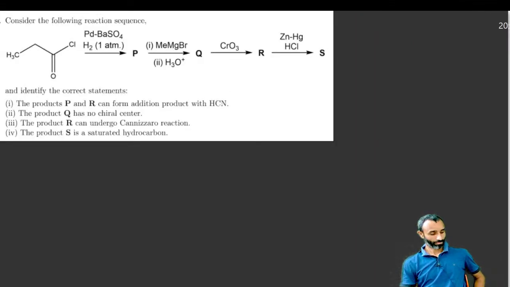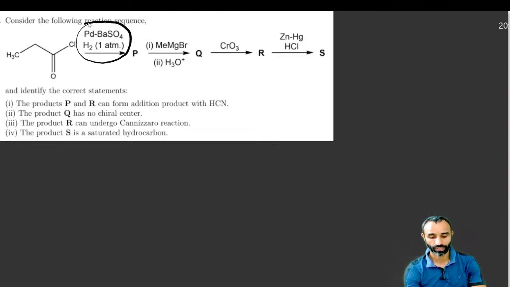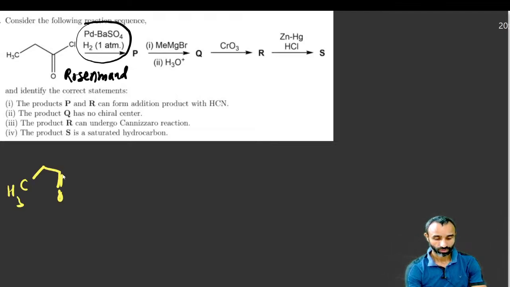Okay, I think most of the reactions are covered. So what is the name of this first reaction? Yes, H2 Pd in the presence of barium sulfate. This is, yes, Rosenmund reaction, we get aldehyde.